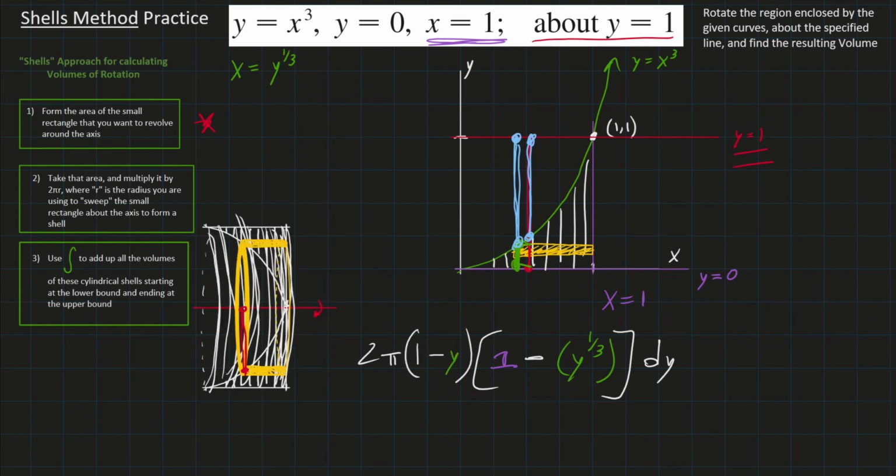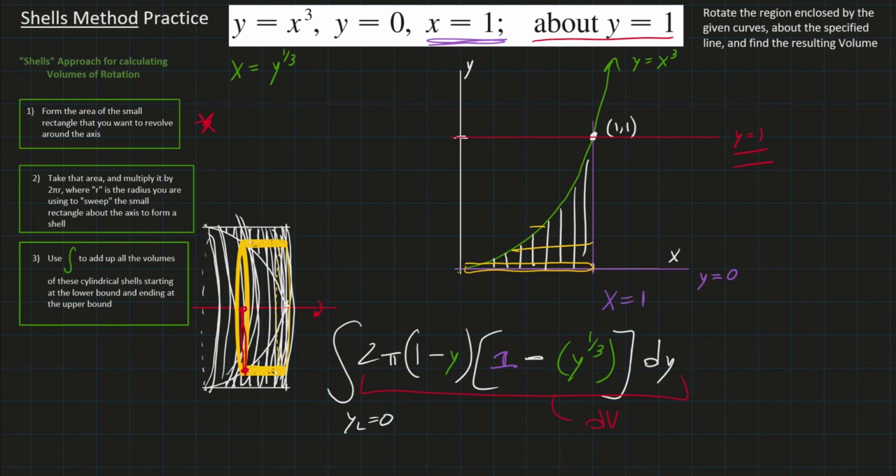So I've completed crafting one of my small cylindrical volumes, and I want to add up all these volumes. So this is my dy integral. What's the rectangle at my first y, my lowest y? Well, this will be it right here, this very, very long one. So y lower will be 0.